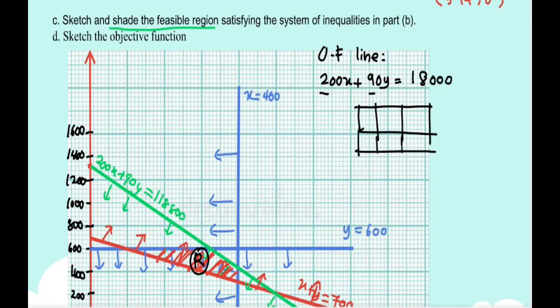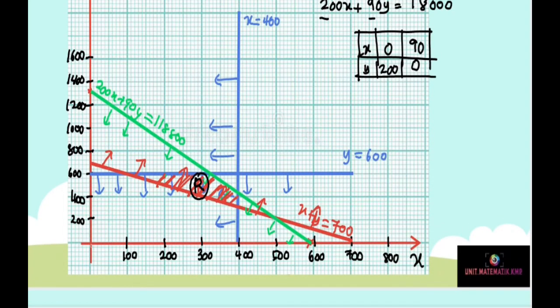Now if we find the intercepts of this line with the x and y axes, when x is 0, you get y equals 200, and when y is 0, you get x equals 90. From the graph, we plot x equals 90 first, which is around here, and y equals 200, which is around here, and use your ruler to get the straight line.